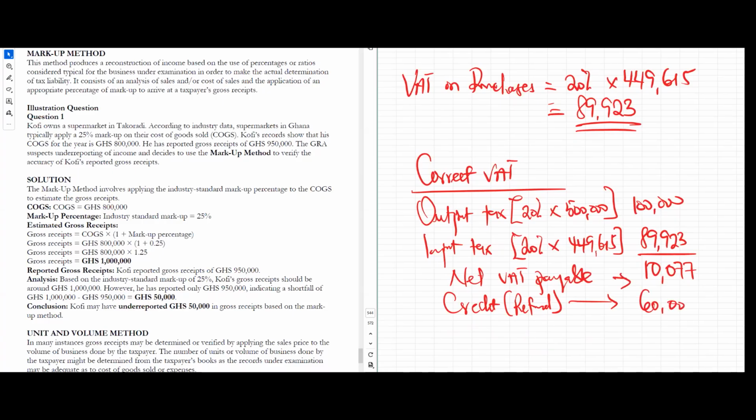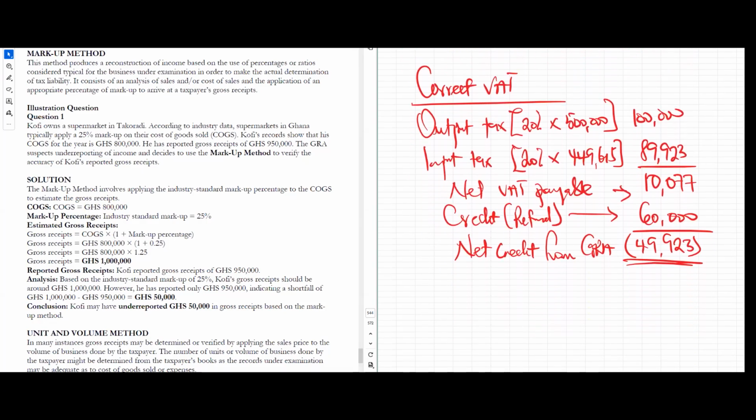So if we set this off against the 60,000, it means that he should get a net credit of 49,923 from GRA, right? So what conclusion are you going to get?